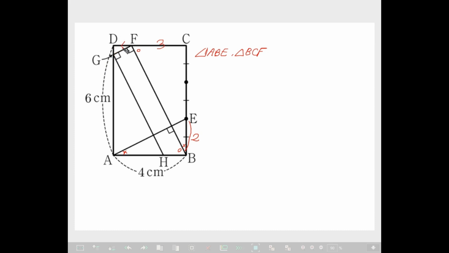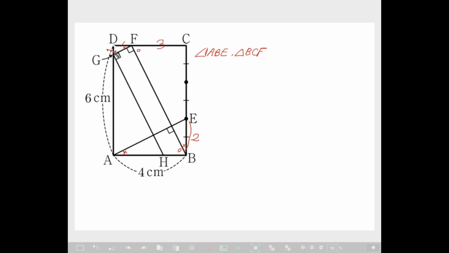And this small triangle FDG is also similar with triangle ABE. Here X, here O. That means GD to DF is 1 to 2.